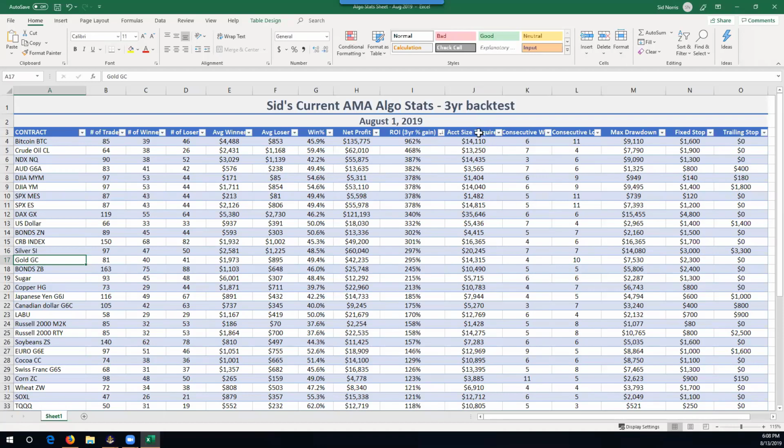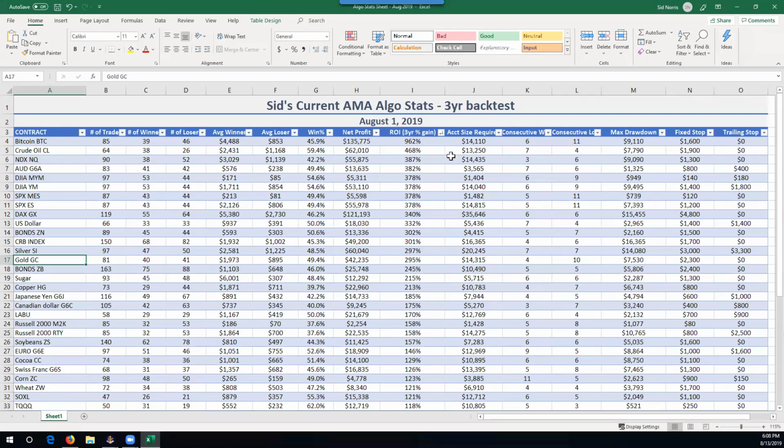Now, the account size required, the back test figures that out for you based on assuming that you start with an account and it never goes so low that you get margin called during the entire back test. Even in the case of Bitcoin, it had to suffer through 11 consecutive losses based on the current algo settings at some point over the last 3 years, which is definitely not optimum.